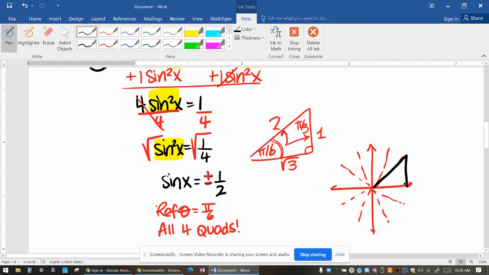It's going to be this guy over here, this one, and this one. That is 1 pi over 6. This is 6 pi over 6. This is 12 pi over 6.